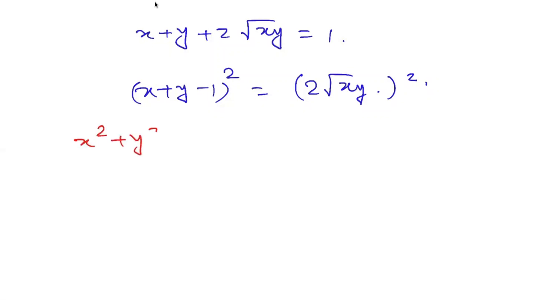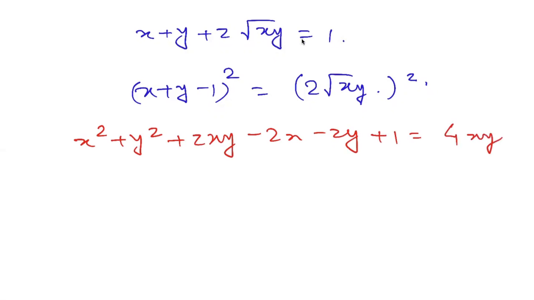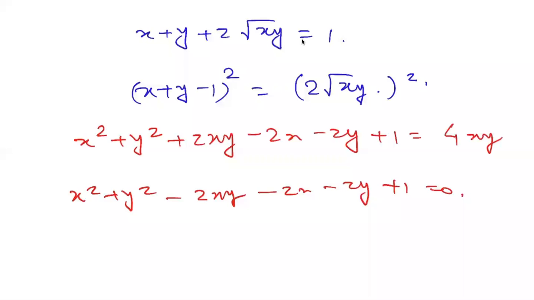x square plus y square plus 2xy minus 2x minus 2y plus 1 is equal to 4xy, or this will be x square plus y square minus 2xy minus 2x minus 2y plus 1 is equal to 0. Obviously, del is not equal to 0.